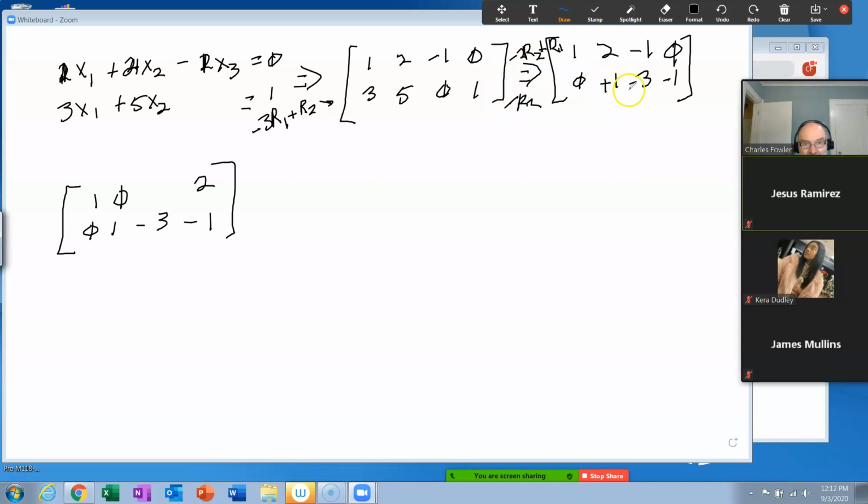Minus 2 times minus 3 is plus 6, minus 1 is plus 5. And I don't know how I wrote a 0 there. I can't write a 5, though. That is so ugly. That is a 5. And then minus 2 times minus 1 is 2 plus 0 is 2. So that's right.